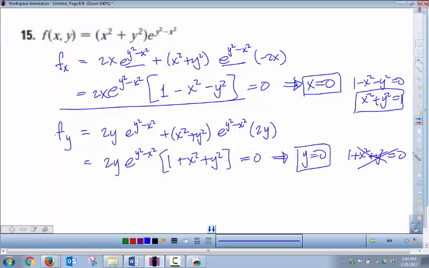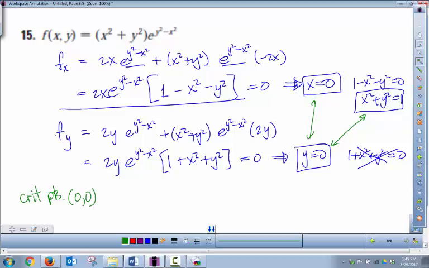So what are your critical points? So one paired up critical point is pretty clear, 0, 0. The question is, is that the only critical point? What else is there? Yes, 0, 1, 0. So you also have to pair up anything that's, as long as both of these are satisfied or equal to 0.